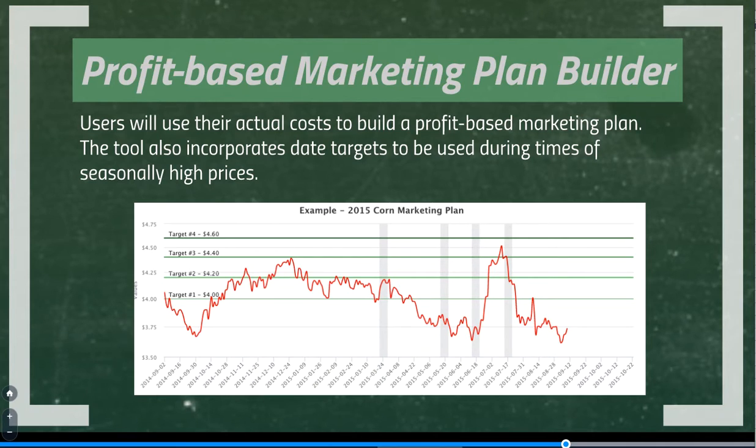Really those targets right there don't necessarily mean anything, but we're going to add some functionality where you can overlay seasonal prices over this chart. So let's say over the last 20 years, here's the average price throughout the year, and then overlay those gray time zones on top of the seasonally strong parts of the year. And this is pretty close to finished.